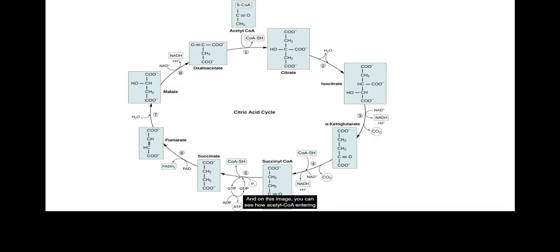And on this image, you can see how acetyl-CoA first enters this cycle. It's called a cycle because, as you can see, one is converted into the other. During this cycle of chemical reactions, water will be used to break down chemical bonds, and NADH will be produced, and carbon dioxide will be a gas produced.